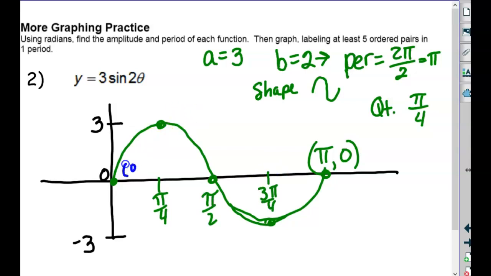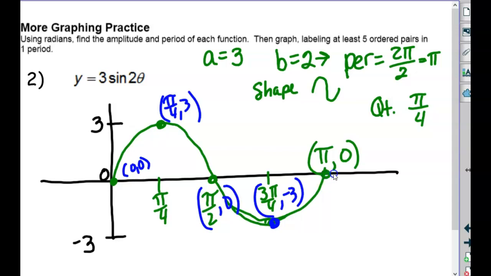All right, so we had 0, 0, pi over 4, 3, pi over 2, 0, 3 pi over 4, -3, I'm cheating here, and pi, 0. Good enough? Any questions? Seems okay so far?